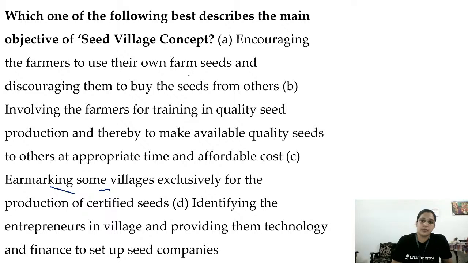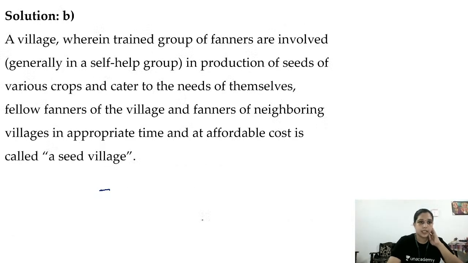Encouraging the farmers to use their own farm seeds and discouraging them to buy from other seeds. Involving the farmers in training in quality seed production and thereby to make availability of quality seeds to others at appropriate time and affordable cost. Earmarking villages exclusively for the production of certified seeds. Identify the entrepreneurs in village and providing them technology and finance to set up seed companies.